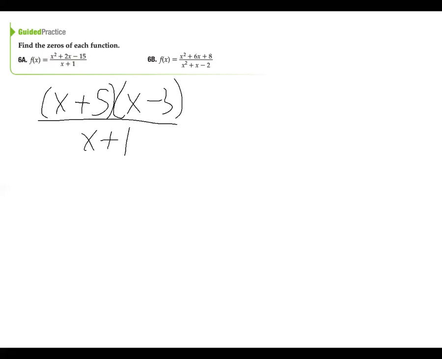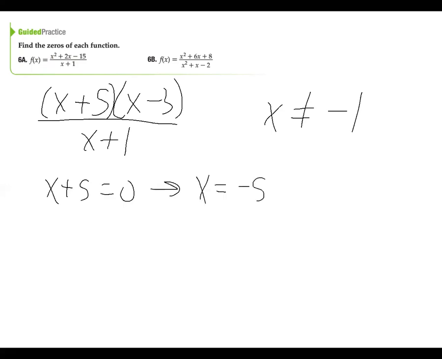Okay, we're back. So 6a, the numerator factors into x plus 5 times x minus 3, all over x plus 1. So the excluded value would be x cannot be negative 1. But the zeros are when x plus 5 equals 0, so you would have x equals negative 5, and x minus 3 equals 0, so that'd be x equals 3.